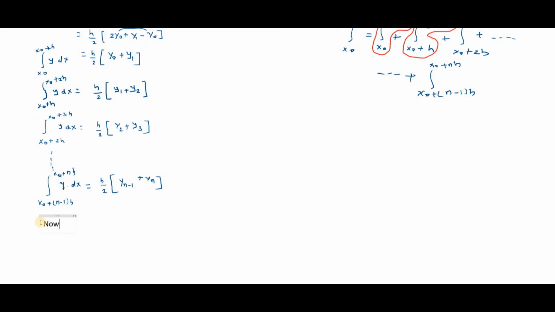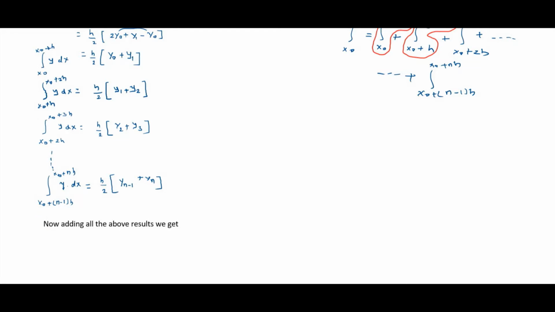Now adding all the above results, we get: if you add all the left hand side terms, the first one is the integration from x0 to x0 plus h, the second one is x0 plus h to x0 plus 2h, the third one is x0 plus 2h to x0 plus 3h, and similarly the last one is x0 plus (n minus 1)h to x0 plus nh.